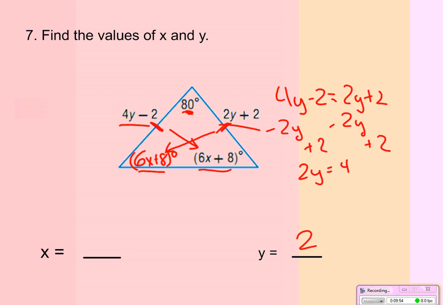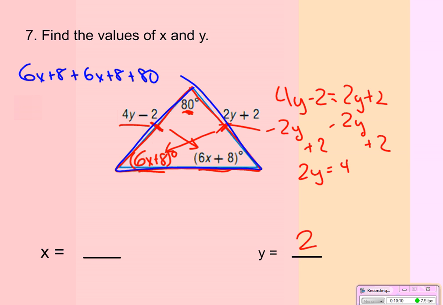Now, here's where I got to start thinking a little bit. I got to think whole triangle here. Let's change colors. Whole triangle's got to add to 180. That means 6x plus 8 plus 6x plus 8 plus 80 has got to equal 180. All I did was say, here's the first angle, here's the second angle, here's the third angle.